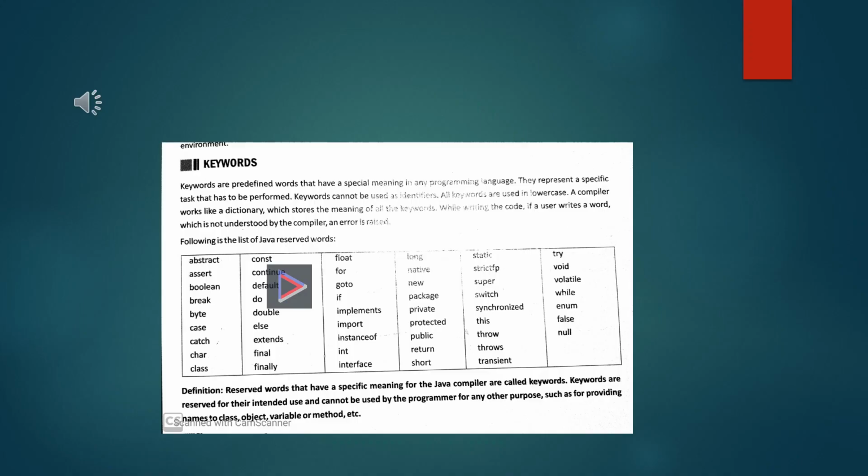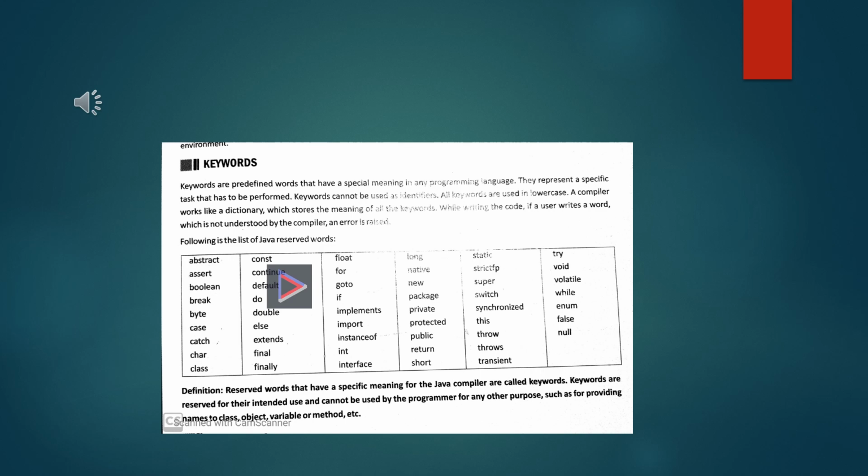Now look at the keyword. What is a keyword? It is a predefined word, meaning it is defined by somebody else, and each word has a special meaning in the programming language. They are meant for specific tasks.